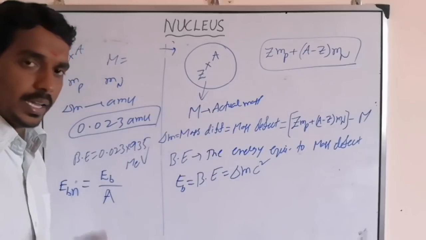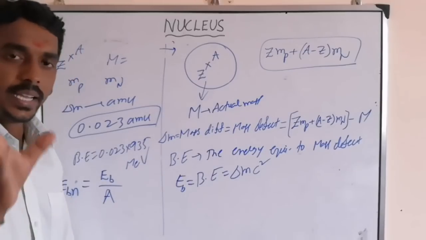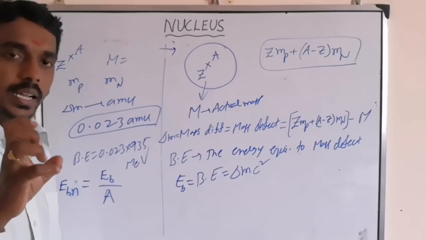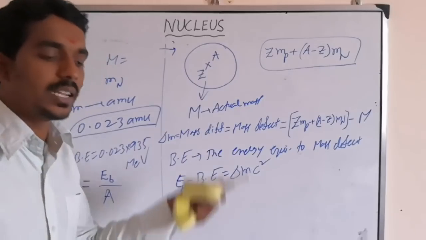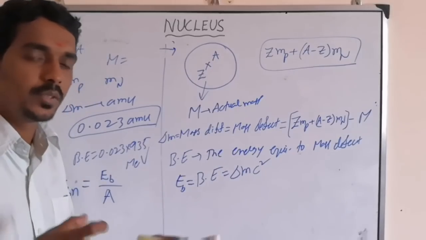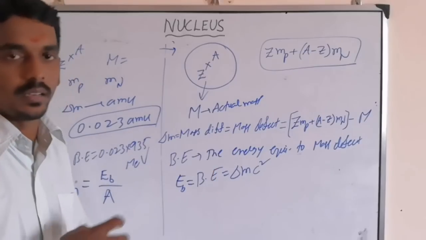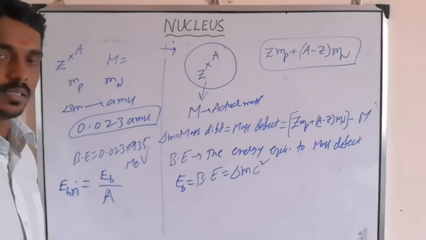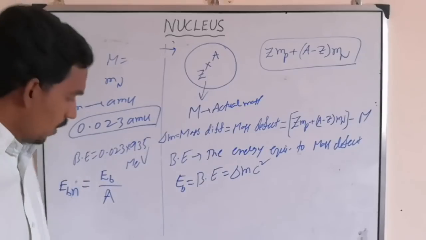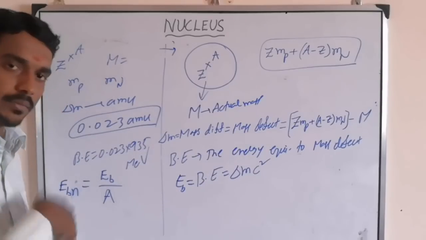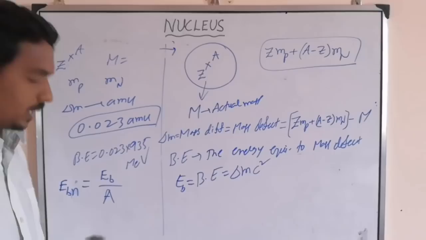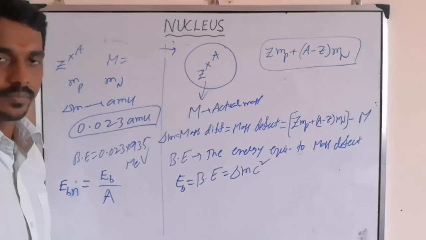So this is the energy I told you about, which is binding all the nucleons together. It is helping them to stay bound together. This much energy is for all the nucleons. For one nucleon, how much will it become? Divide. Suppose A is 20.